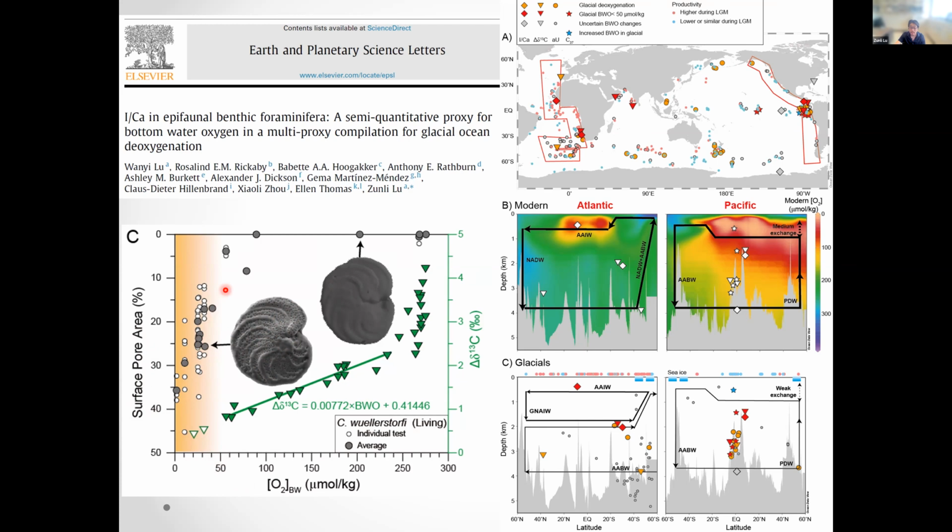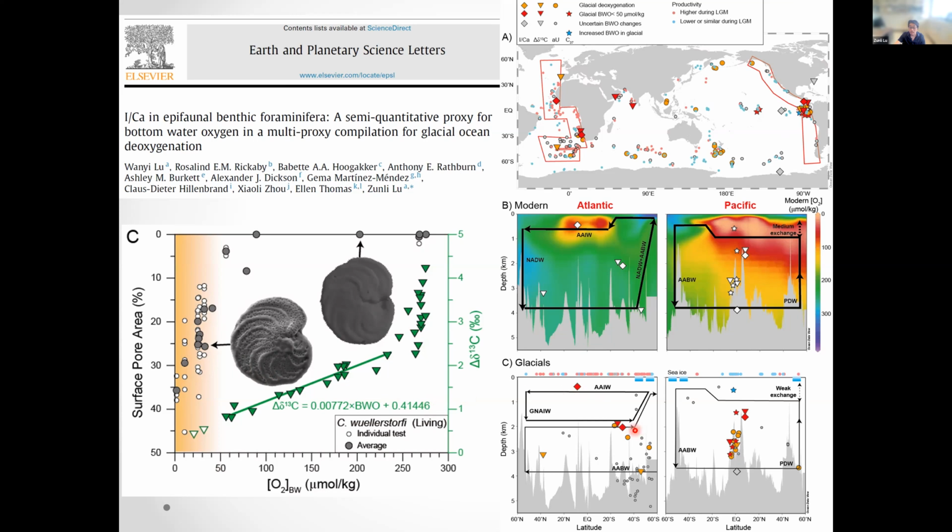So iodine-calcium, especially benthic iodine-calcium, can be compared with these two independent proxies to give you a little bit more quantitative estimate of the glacial ocean.